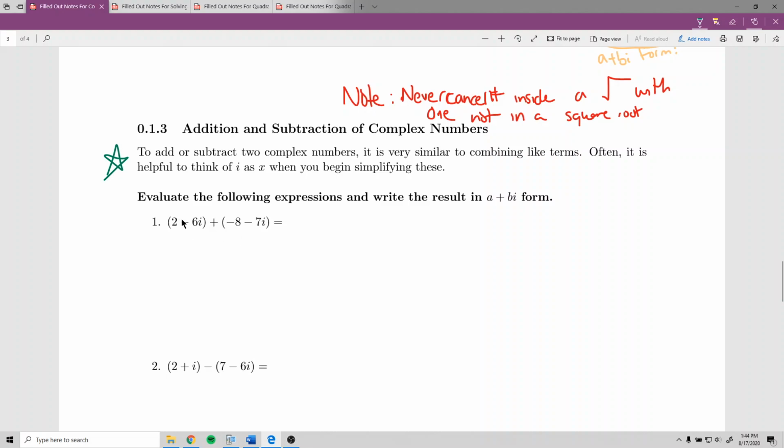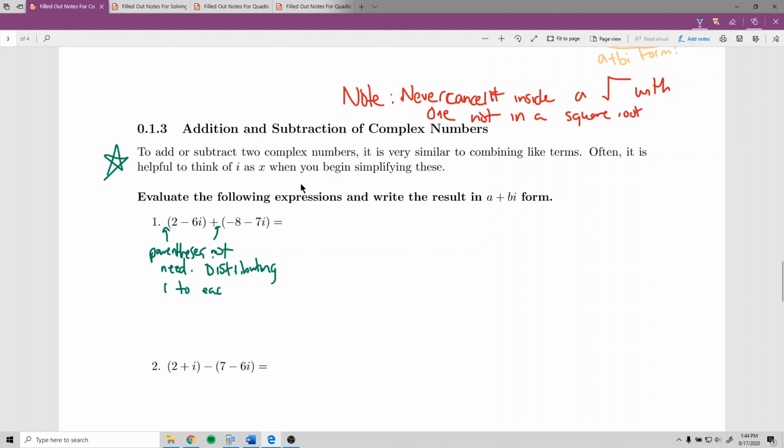So here we've got 2 minus 6i plus -8 minus 7i. One thing I want to mention for this one is the parentheses are not needed because we would only be distributing a 1 through each. So let's just go ahead and get rid of them.